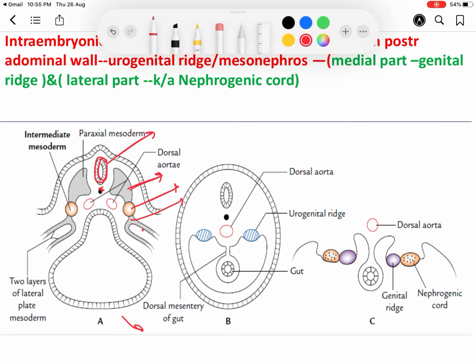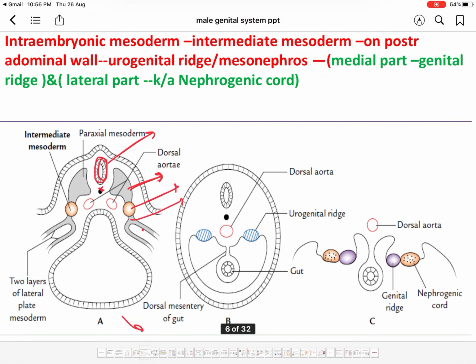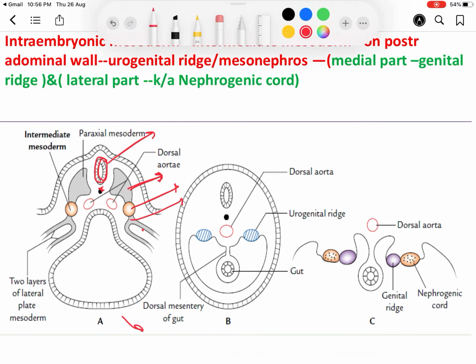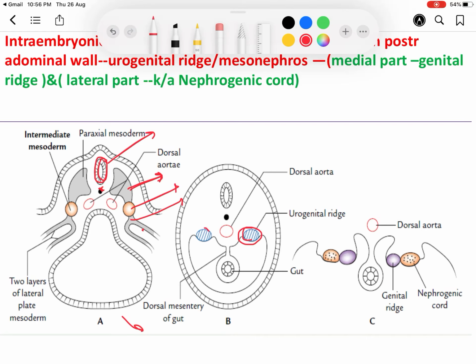So this intermediate mesoderm, which is a part of the intraembryonic mesoderm, forms a bulging on the posterior abdominal wall. So this intermediate mesoderm with the proliferating coelomic epithelium. This is the coelomic epithelium.